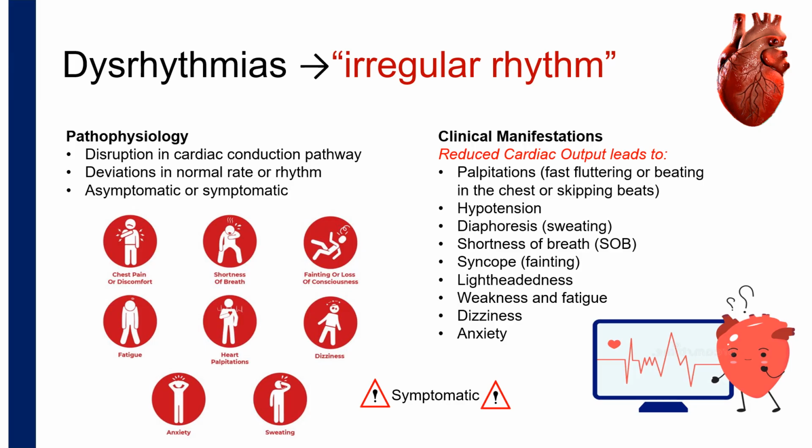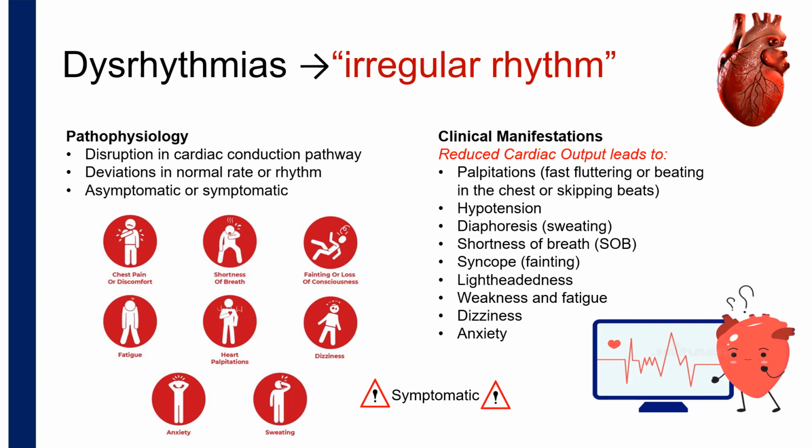If you have decreased cardiac output, that means there's not going to be enough oxygen-rich blood coming out of the heart to adequately supply the rest of the body. So that means that our cells, our tissues, our organs are going to become hypoxic, in a state of hypoxemia. We want to make sure that we can pick up on these cues and assess our patient when they're showing signs of reduced cardiac output.